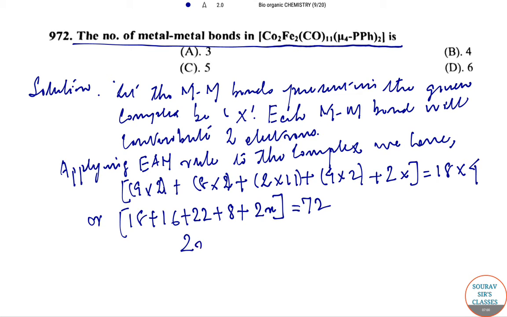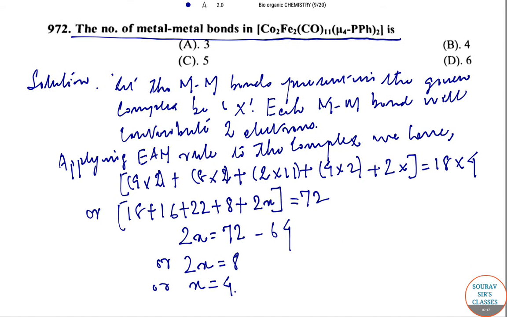So 2x is equal to 72 minus 64, or 2x is equal to 8, or x is equal to 4. So the number of metal-metal bonds will be 4.